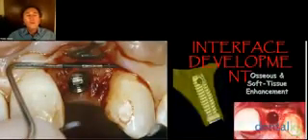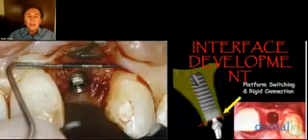We also are doing soft tissue enhancement and grafting when the tissue is very thin. So these are aspects that we can utilize when we understand about interface development in order to anticipate the biological changes that occur at these interfaces.